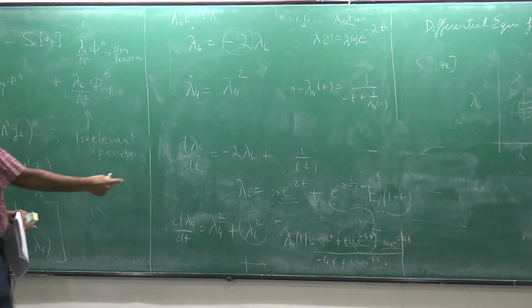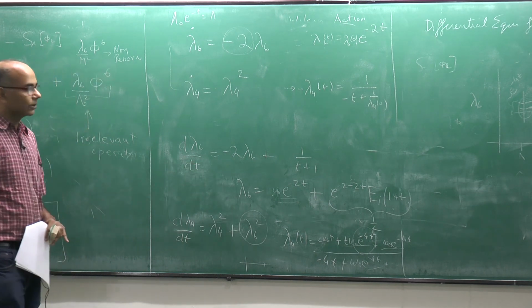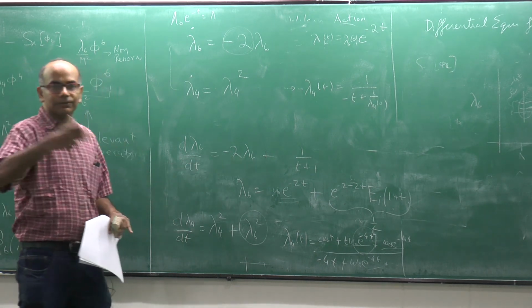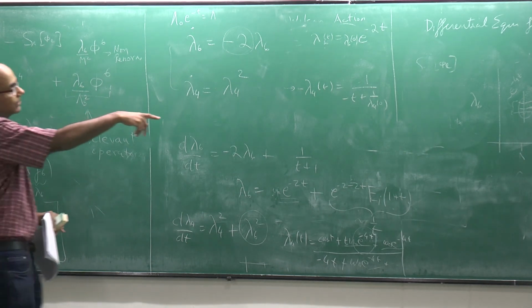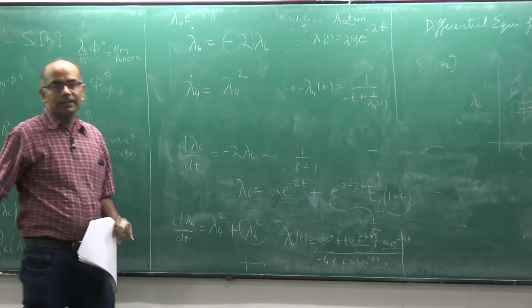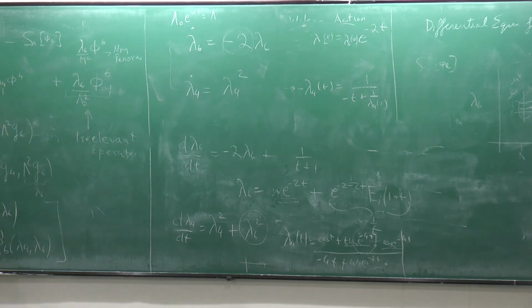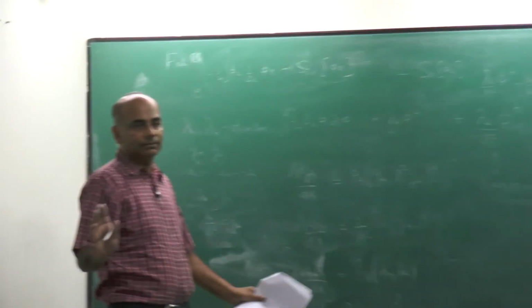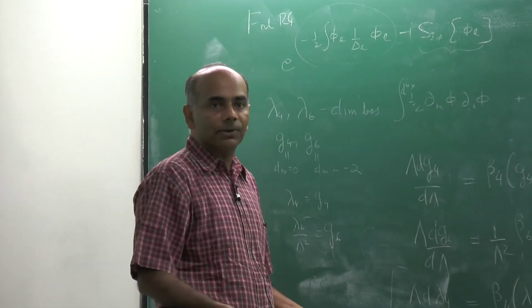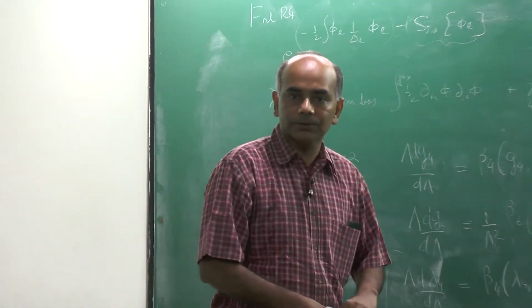You cannot always get dimension minus 2. Typically there will be some dimension here which will change, and if that dimension changes and becomes positive, then this argument breaks down. So the statement of perturbative renormalizability is simply the statement that the naive dimensional analysis, which says that these couplings are damped, continues to hold in perturbation theory. So if you accept that the coupling is small, renormalizability follows.